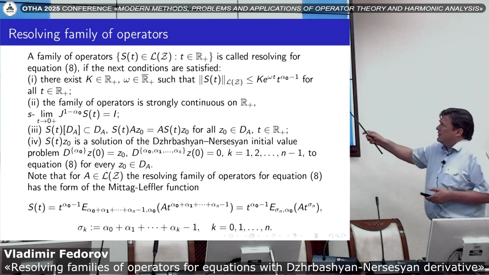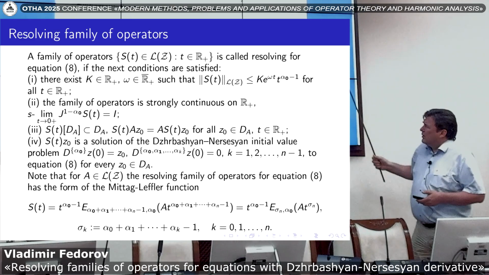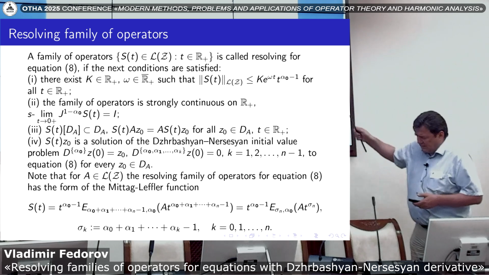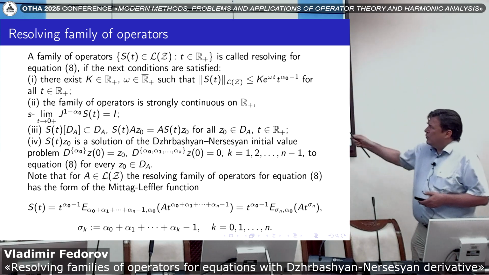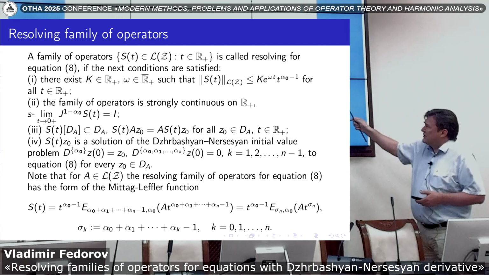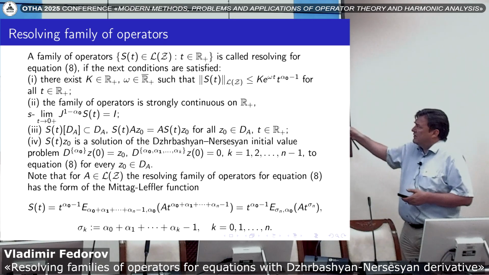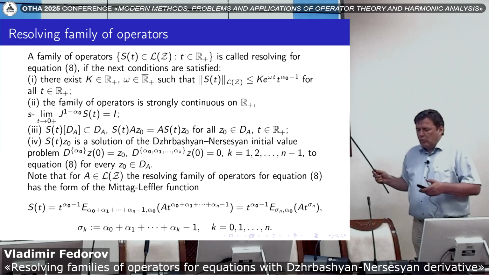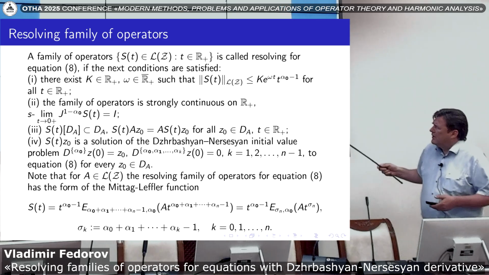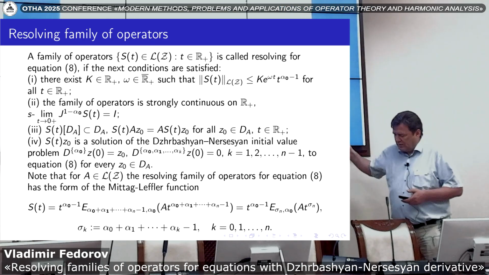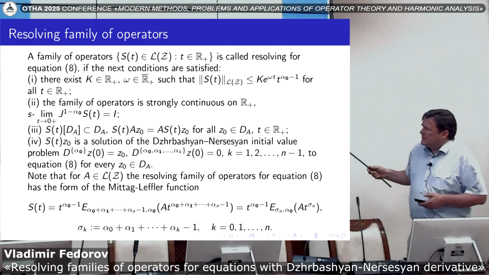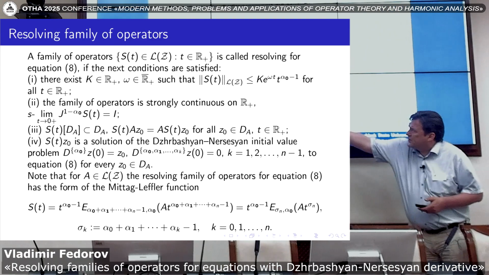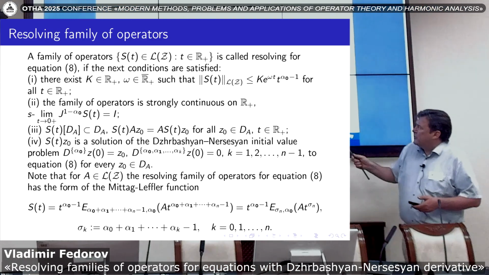Here we require exponential boundedness of this family of linear bounded operators in a Banach space Z, and a power singularity at the 0 point, strong continuity on the positive semi-axis, and the equality of this strong limit to the identity operator.